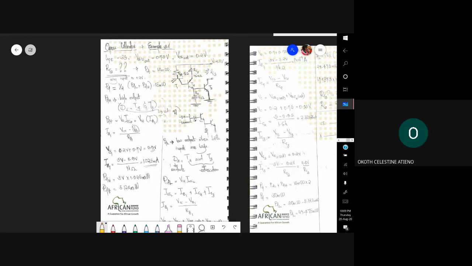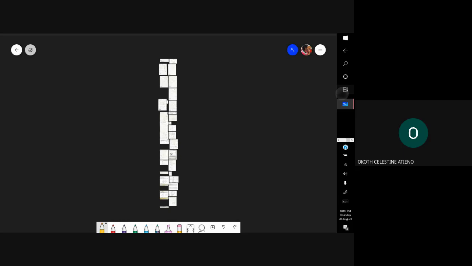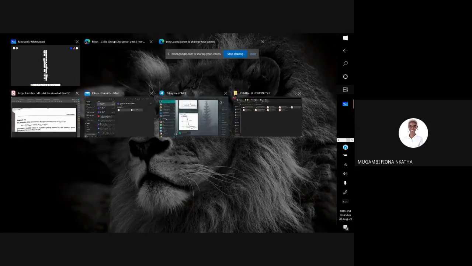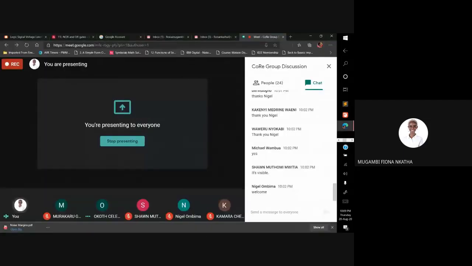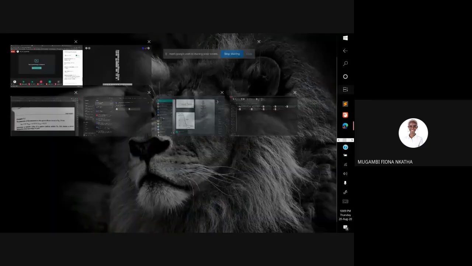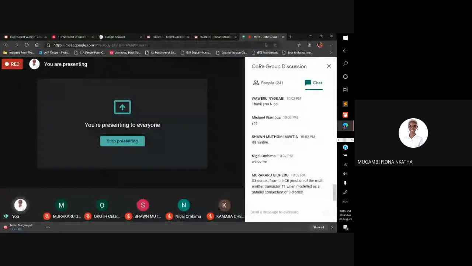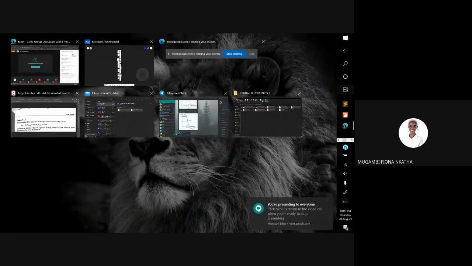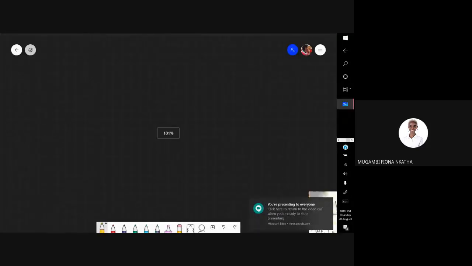Where is the D3 coming from? D3, when I was analyzing it, is when you see how we have the multimeter for the standard TTL.